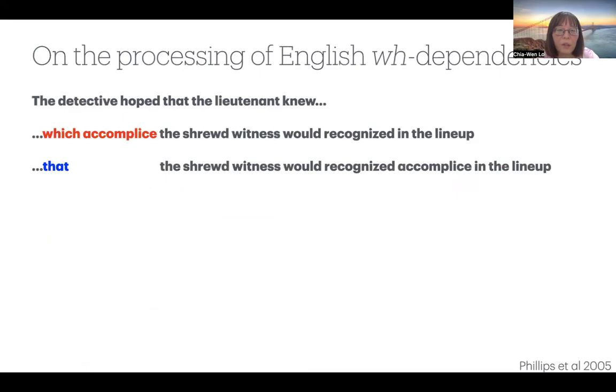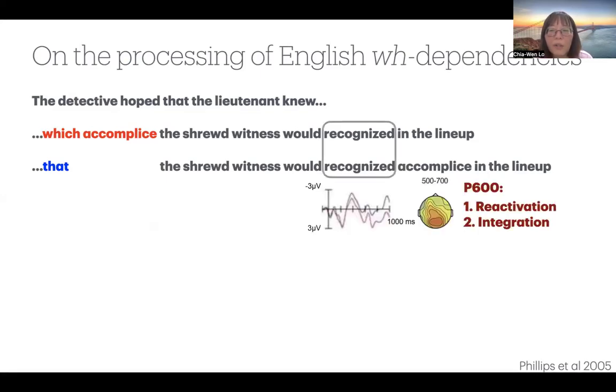The red one is the WH question in the embedded clause, and the other one is the sentence without any WH question. First, they show the result at the critical verb, recognized here after they saw the critical WH word versus that sentence.